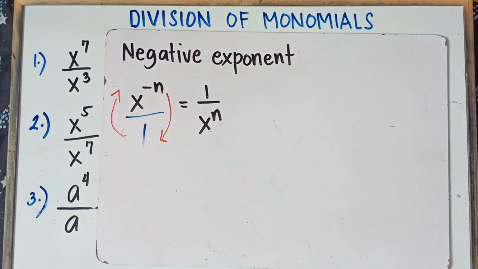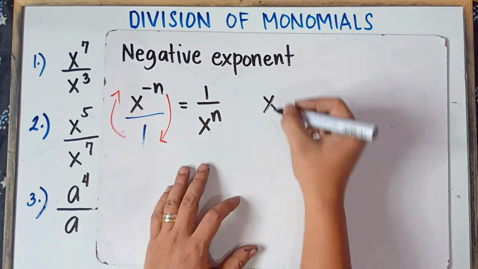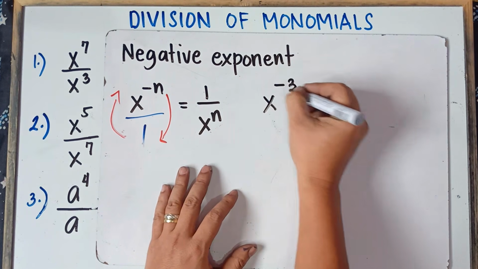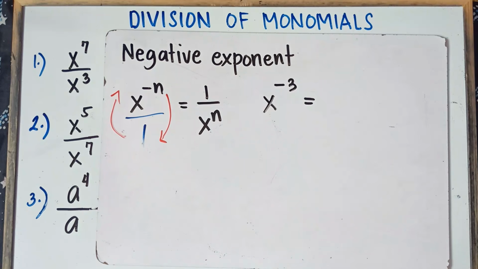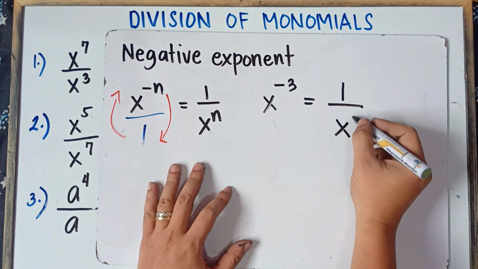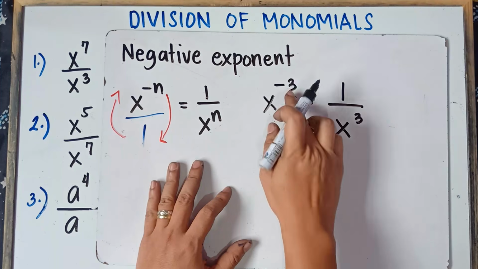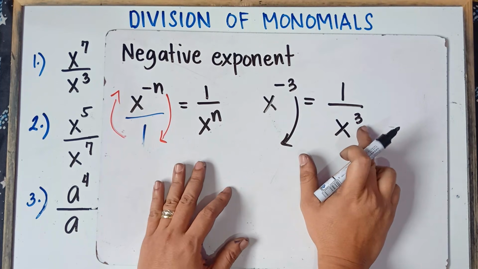I hope it's clear for you, class. Let me give you another example. If we say x raised to the power of negative 3, what would be your answer, class? That's correct. That would be 1 over x raised to the power of 3. Put this one on the denominator and the exponent, class, will be positive. Simple as that.